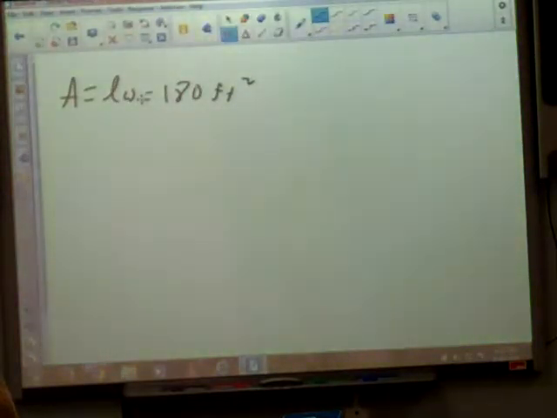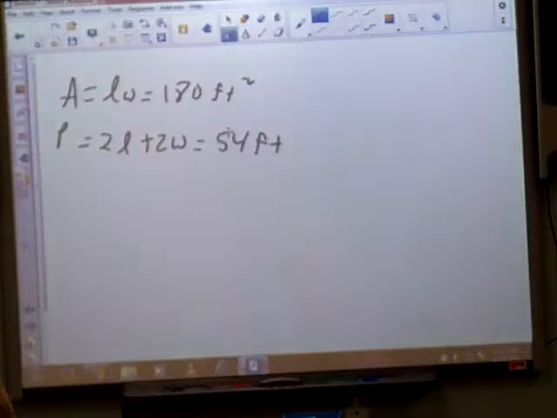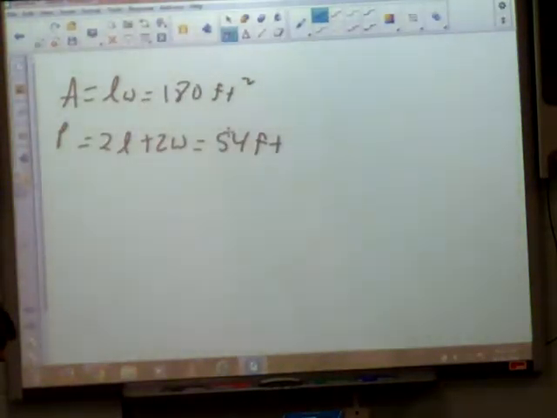And the perimeter, which is 2 lengths plus 2 widths, was 54 feet. When drawing a sketch of her living room the next day, she realized she'd forgotten to write down the dimensions of the room. So she's only got her answers. She's got to work backwards now. She's already at school. She can't go measure again. She's got to work backwards and figure out what the dimensions are.